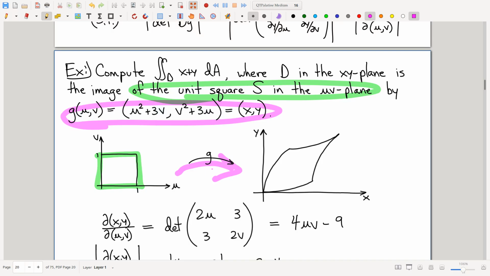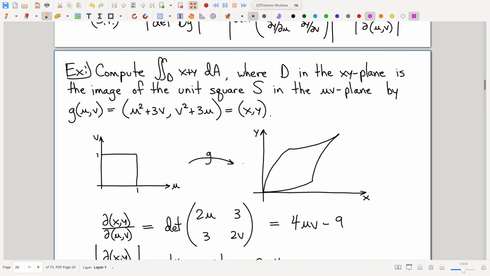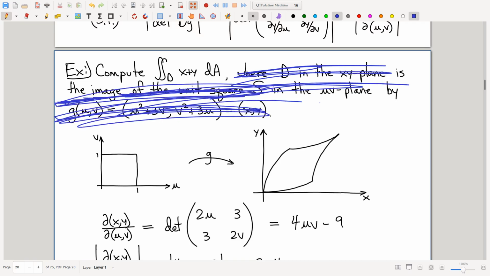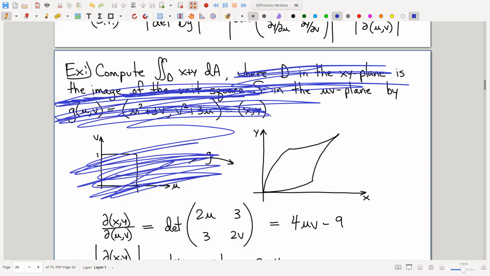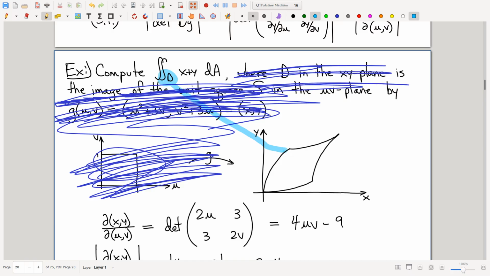Right? The fair statement of this question might have been something more like, let's see here. None of this is given. We'll just scratch all that out. I don't know what this is, and just be, hey, compute an integral on that domain.